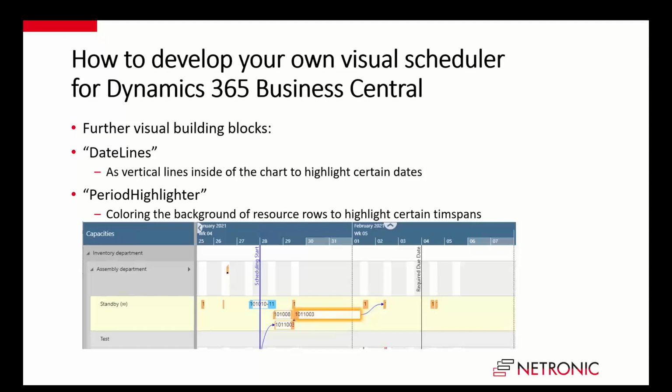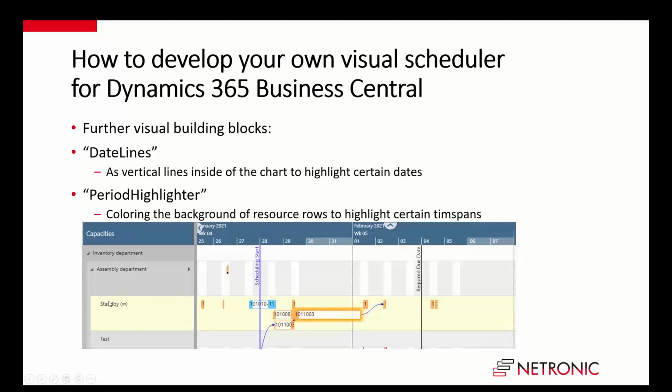So we have date lines. So you can set these lines here, for example, additionally with a descriptive text on them. And we have a so-called period highlighter. Period highlighter is something different than the calendars. So you have in the background here still calendar information with white and gray backgrounds.